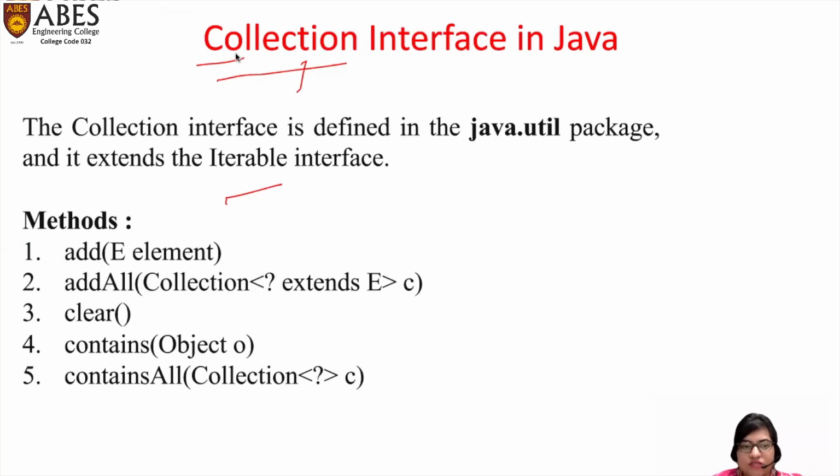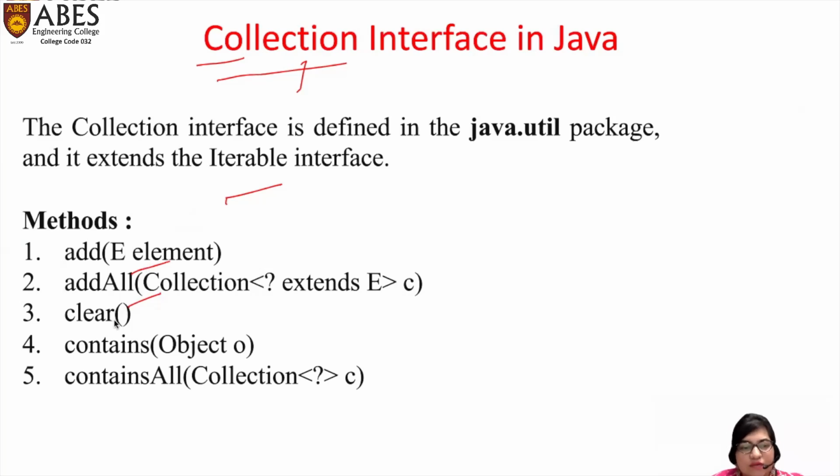As I already told you, the Collection interface doesn't implement any method directly, but still some methods are present in the Collection interface. First we have the add method. With the help of this method, we can add the specified element to the collection. Then we have the addAll method. As the name suggests, addAll, with the help of this method we can add all the elements from the specified collection into the collection.